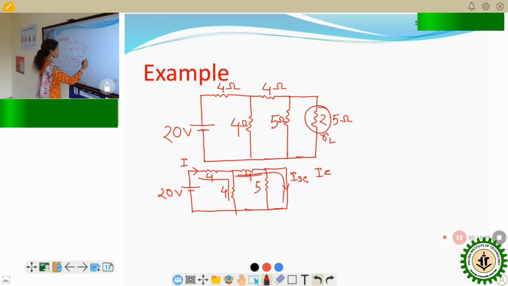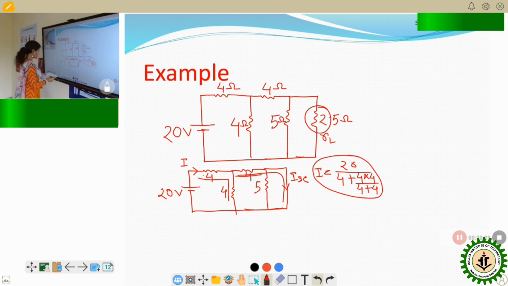So what will be the equivalent resistor? That is 20 divided by here 4, and that 4 and 4 connected in parallel, and that parallel combination in series with that 4 ohm resistor. That means 4 plus 4 into 4 divided by 4 plus 4. And this is the total current.